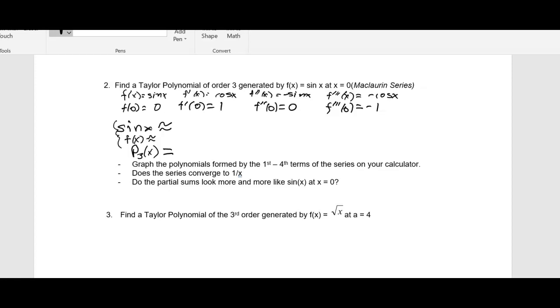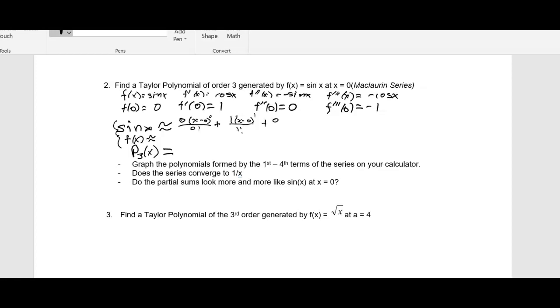When we do these, what we want is the functional value of 0, and then we would have x minus 0 to the 0 power all over 0 factorial. Plus, we would then want our first derivative value, which would be 1, x minus 0 to the first power over 1 factorial.